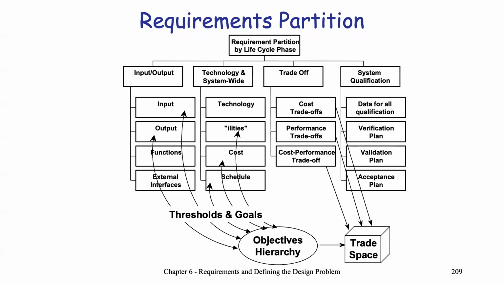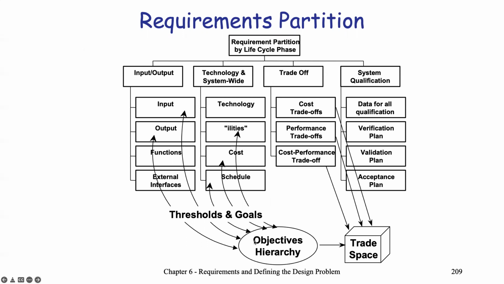Okay, we had talked about sets, partitions, and things like that, functions, when we just talked about discrete mathematics. And so here we're seeing some of that terminology come up. We have these categories or partitions of requirements: input and output, technology, and system-wide trade-off.